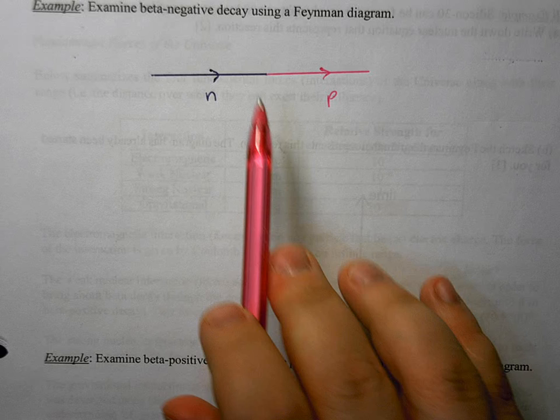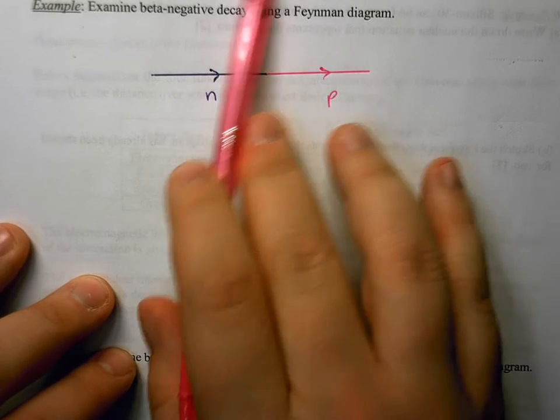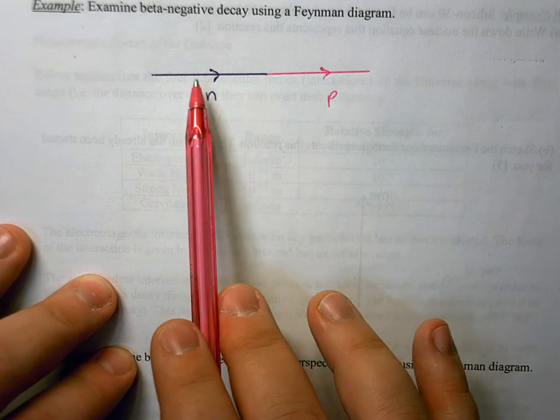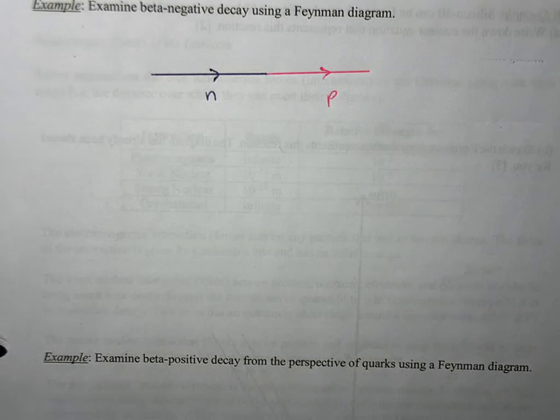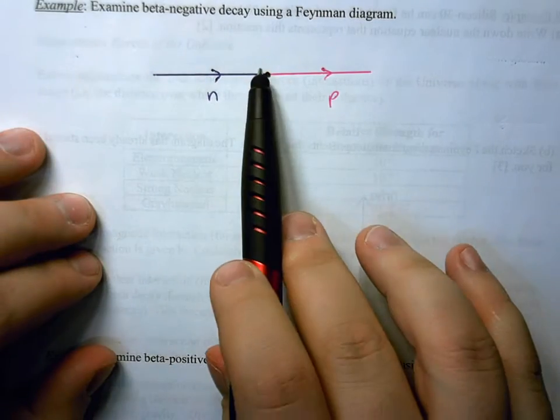So this has now decayed into a proton, but we also have to deal with the electron and the antineutrino. All three of these have to branch out from the same point. So this neutron is being converted into a proton here. This point where the conversion happens is a special point.